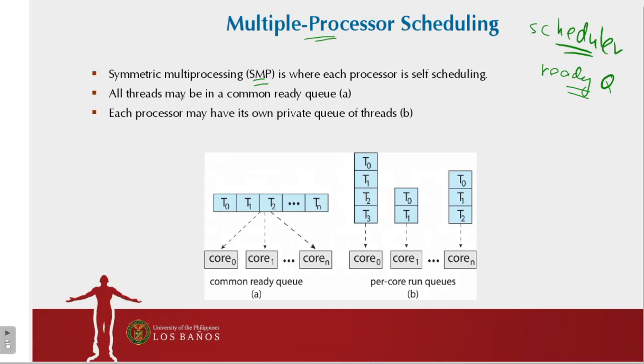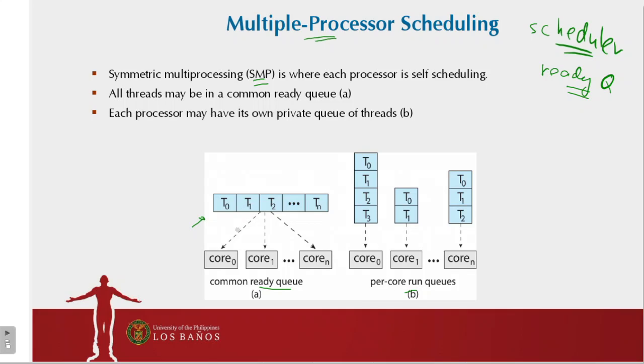The idea of symmetric multiprocessing is that the processors can either share a common ready queue, or they can have a per-core or per-CPU run queue or ready queue.